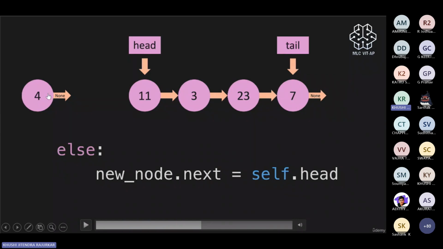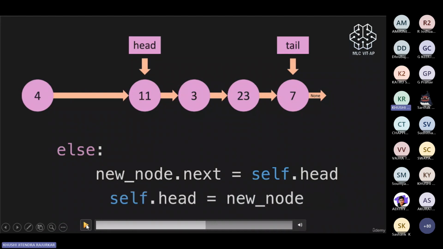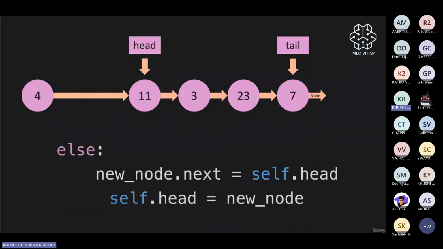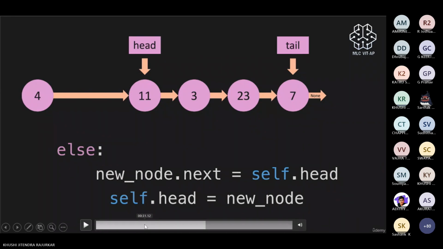So we'll simply take the pointer of our new node and assign it to be equal to self.head. As you can see here, it will be equal to self.head. We'll see what happens here. And then we'll be assigning the variable self.head to be equal to our new node.